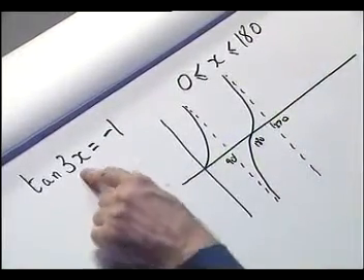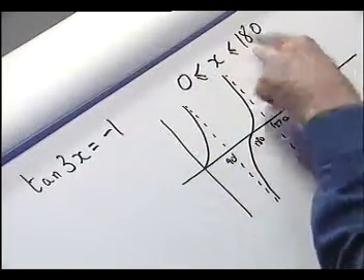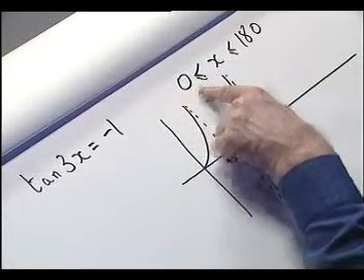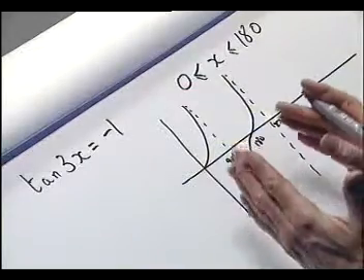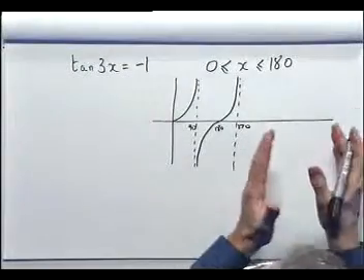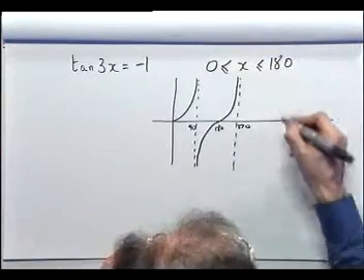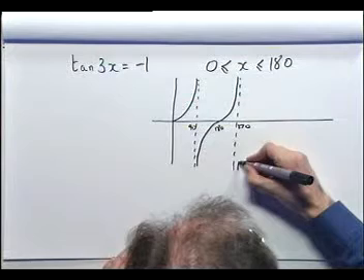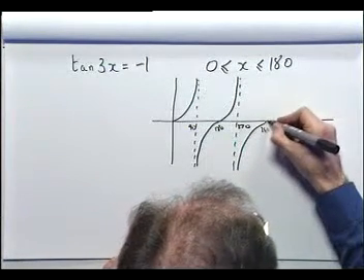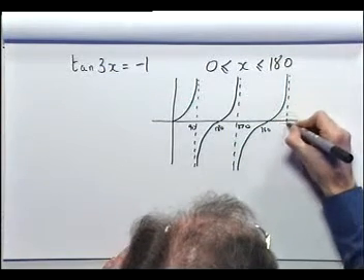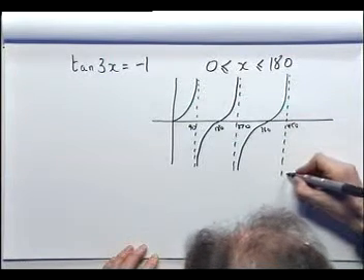Now it's 3x. x is between 0 and 180, so 3x can be between 0 and 3 times 180, which is 540. So I need to get copies of this using the periodicity of the tangent function right up to 540. So let's put in some more. That's 360. And on there, that's 450.